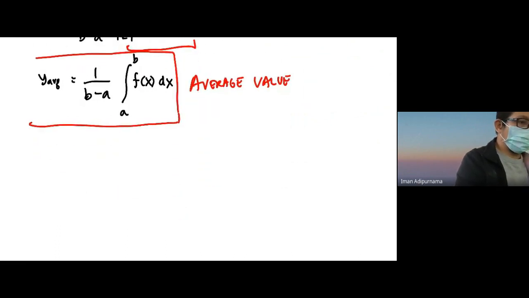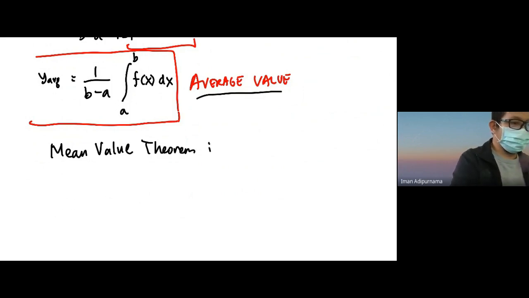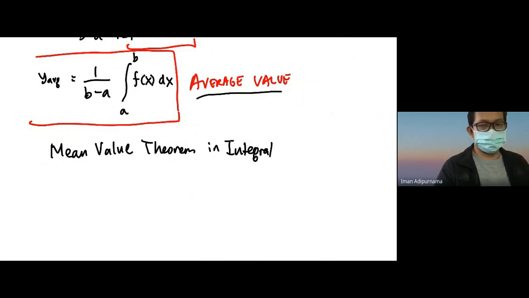Now, from the average value, we can also write a theorem. It's called the mean value theorem, the same mean value theorem, but in integral form. What does it say?